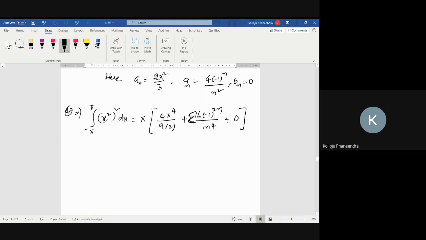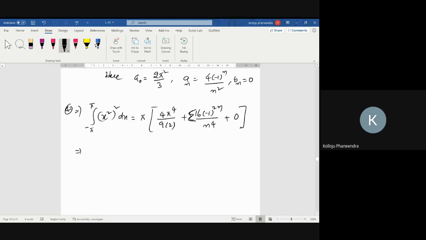Next, this is x power 4, and I can write 2 into the integral from 0 to pi, since it is an even function, of x power 4 dx equals pi into 2 pi power 4 by 9 plus 16 summation 1 by n power 4, since minus 1 whole power 2n is positive.